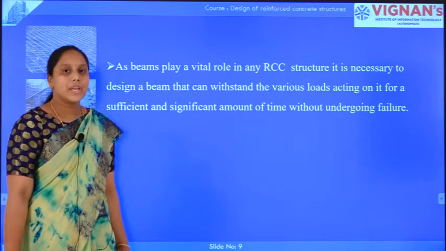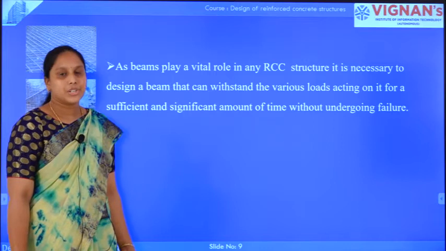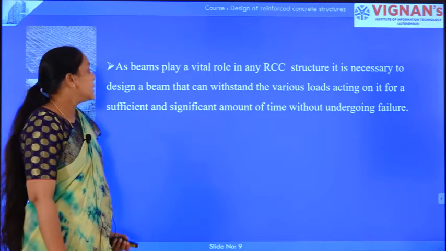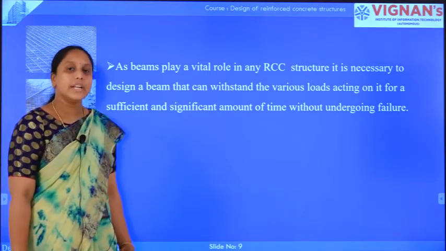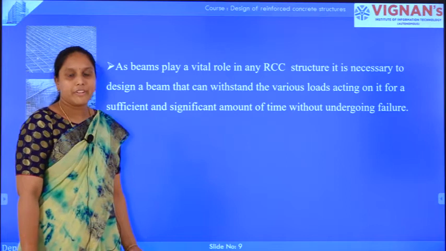As a beam plays a very vital role in RCC structures, you have to design a beam so that it can withstand all the forces acting on it without failing.